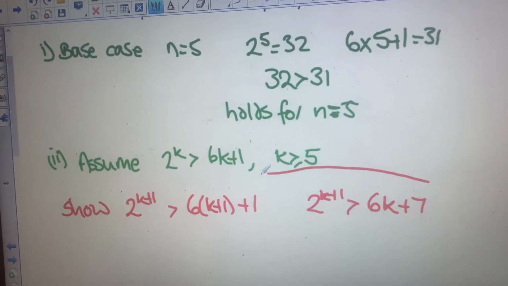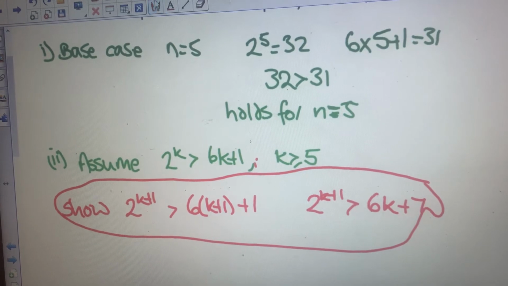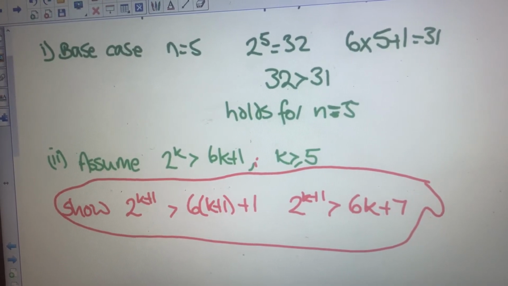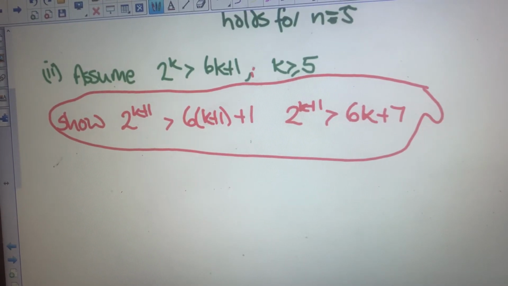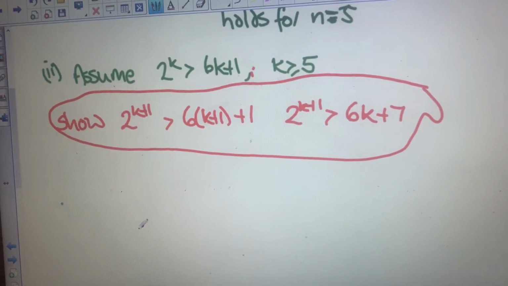I'm just going to cordon that off. So let's do it. Here we go. 2 to the k plus 1, as you know, is 2 times 2 to the k.